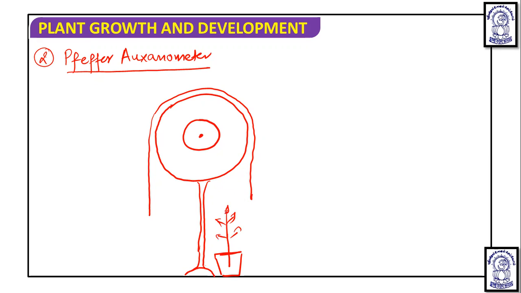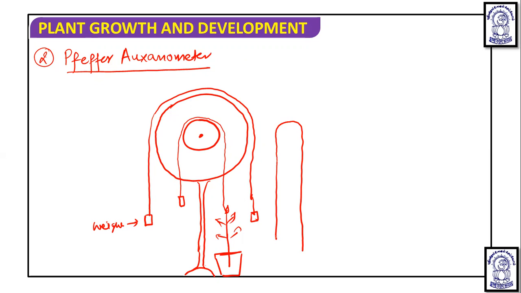Over this pulley, one thread is passed over this small pulley and weight is added on this side, and on the larger pulley weight is added on both sides. Now here one rotating cylinder is kept, which keeps on rotating like this.